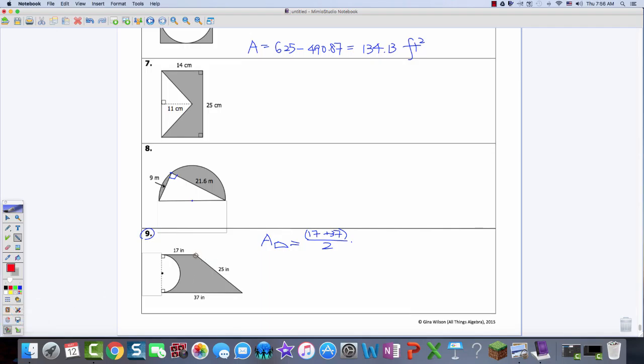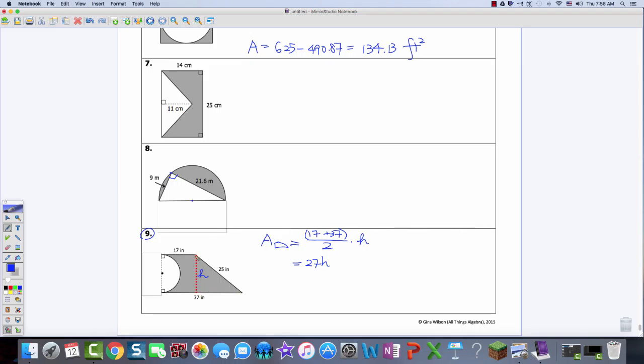This is the height I need to see. Right? This is the height. So I don't have that. I'm just going to leave it there for now. Okay? Maybe I can simplify this. 17 plus 37 is 54. 54 divided by 2 is 27h. That's what I need. Now, how can I find the height?